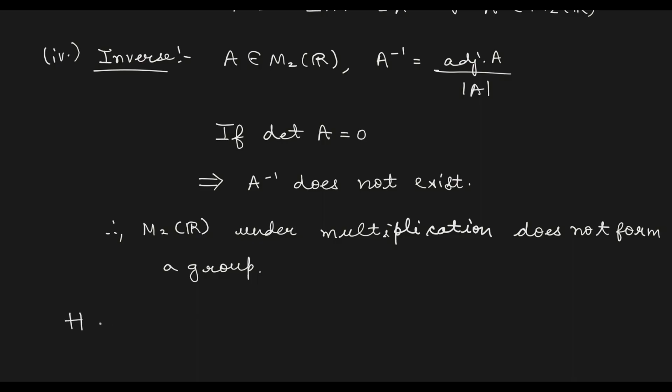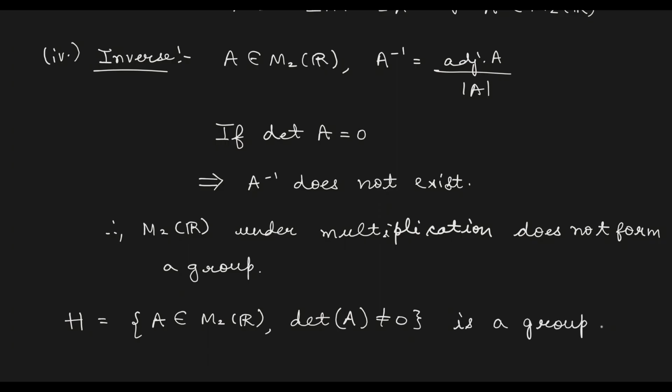So I am calling this set as H. If A belongs to M2R, determinant of A is non-zero, then this is a group under multiplication. Because all the properties will be satisfied, only the problem was in the inverse, and it will also be satisfied now.